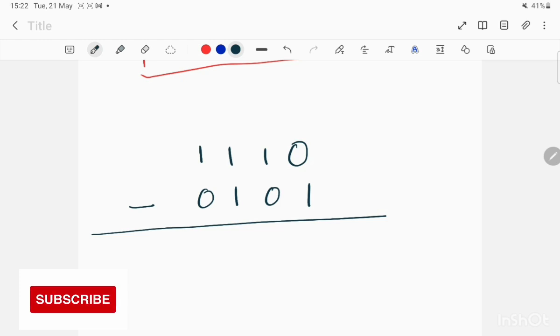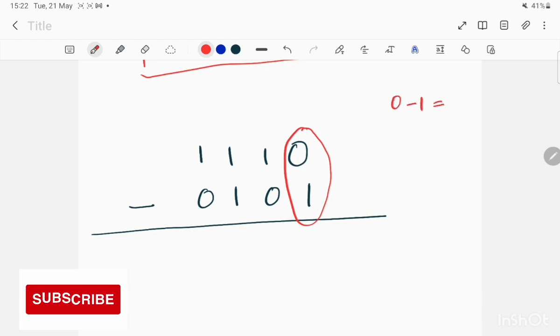Now we will first start with this side. The first case is 0 minus 1, the special case. In 0 minus 1, you know the result is 1 and 1 is a borrow. But while doing the example, we will solve it in a different way.